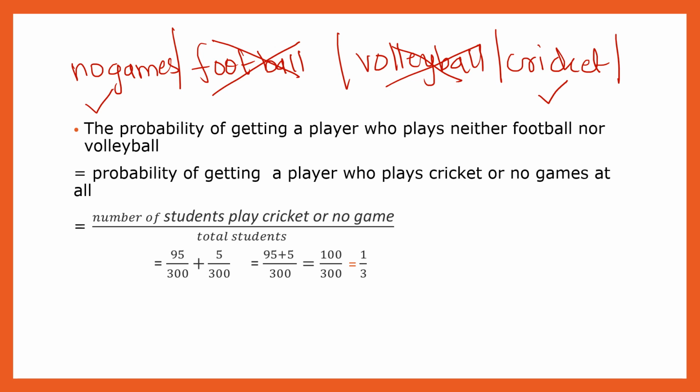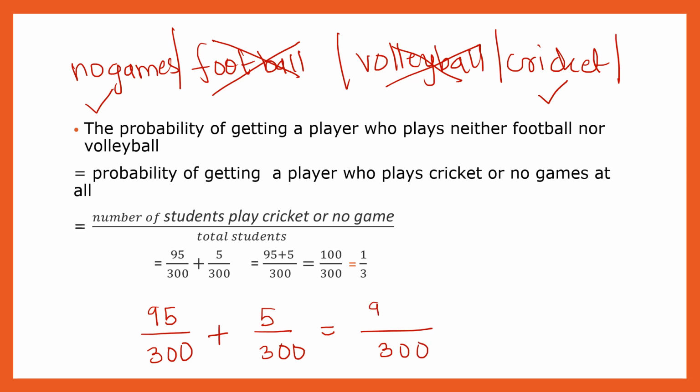Substituting in the formula, we have the number of students who play cricket or no game divided by the total students. For cricket we have 95 divided by the total 300, plus the students who play no game, 5 by 300. Denominators are the same, so we can add the numerators. So it is 1 by 3, the answer to this probability.